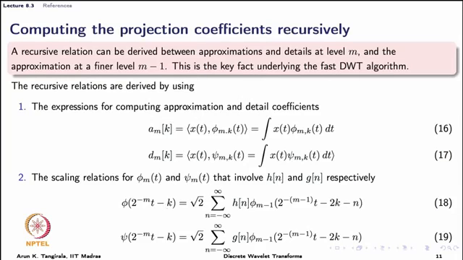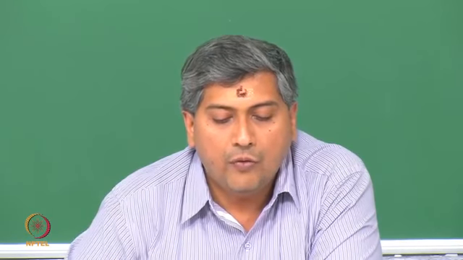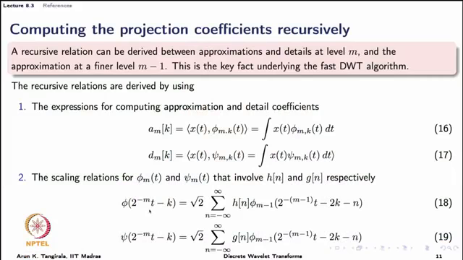Remember, the scaling relations allow me to compute the basis functions for a coarser scale in terms of the scaling functions at a finer scale. So, as equations 18 and 19 show us, the phi at the scale m, in fact, it is not exactly phi at scale m, it is phi of 2 to the minus m t minus k. The phi at scale m would be what you have on the left hand side multiplied with 2 to the minus m by 2, right.